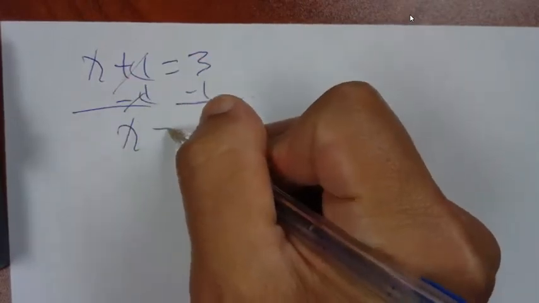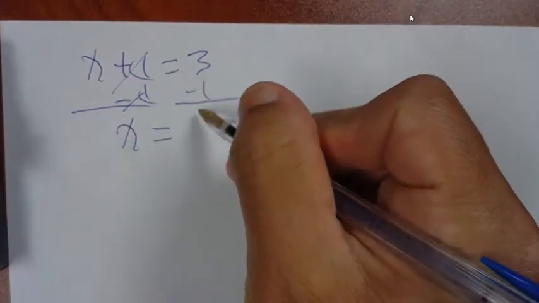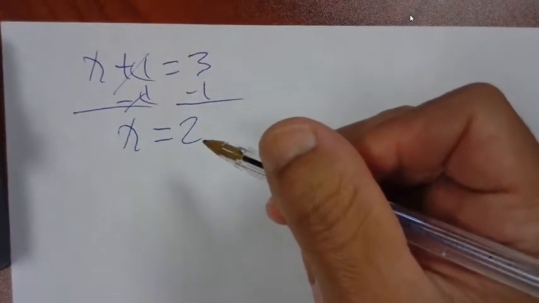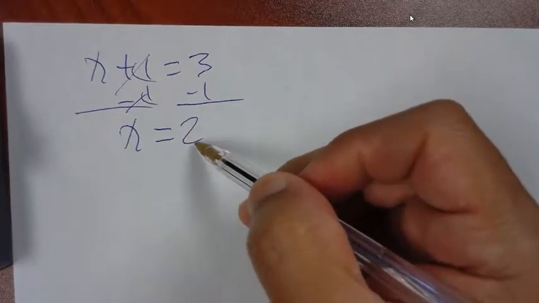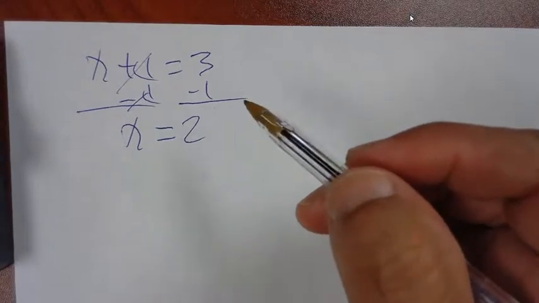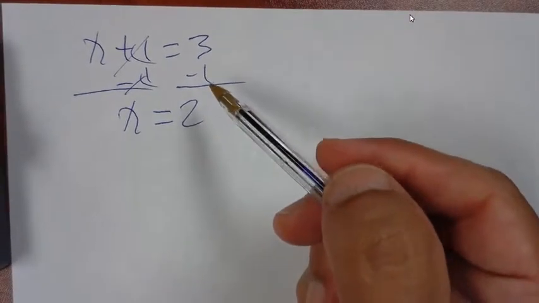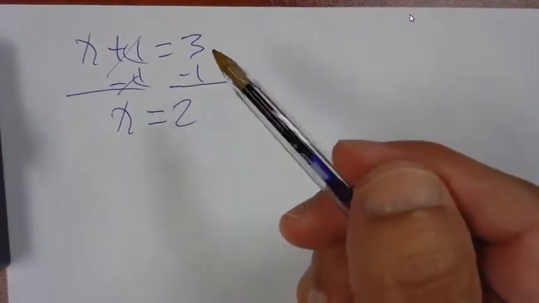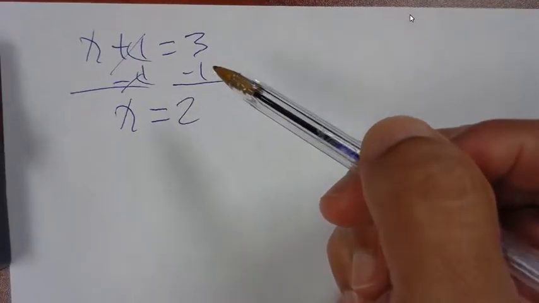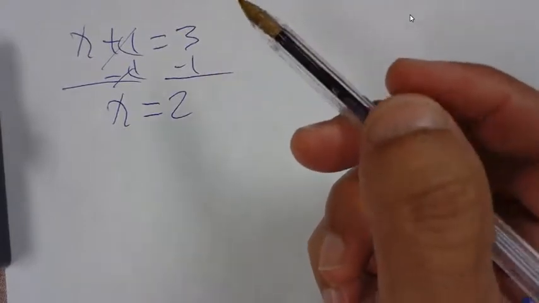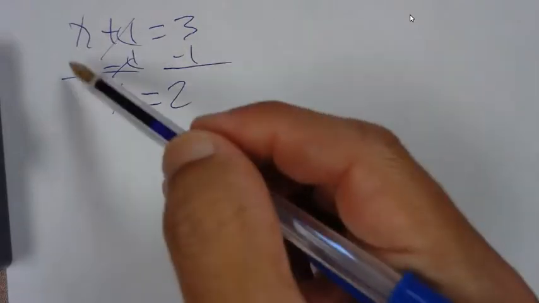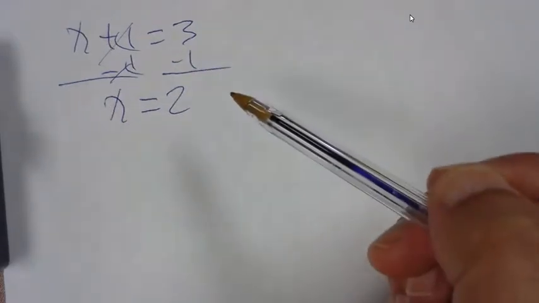Rewrite my x, that equals 3 minus 1, which is 2. So my x is the value of 2, and we're done. And we are mathematically correct. We have proven that again and again. So we know that this works. The addition and the multiplication principles work, and it makes the equation true.